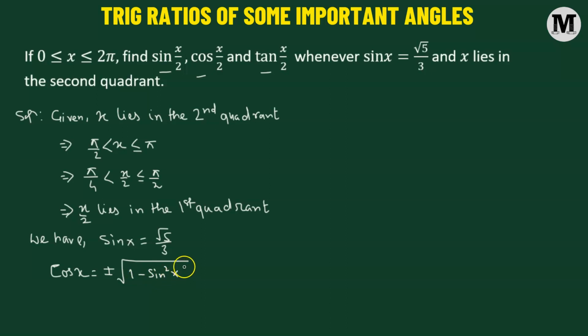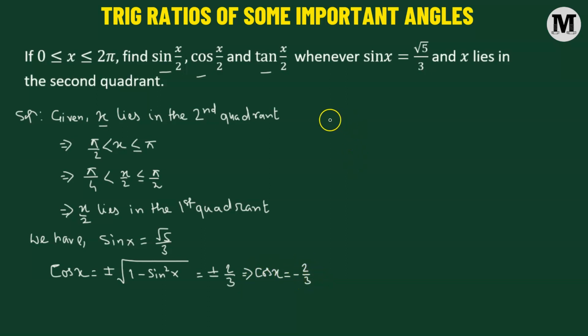So when you substitute the value of sine x with square root of 5 over 3, the cosine of x comes out to be plus or minus 2 over 3. Now we are getting two values, one positive and one negative, but we will use the fact that x lies in the second quadrant. And in the second quadrant, the cosine function is negative. So cosine of x comes out to be negative 2 over 3.